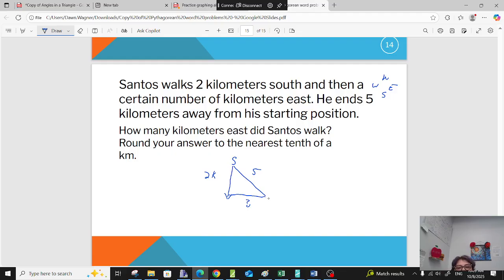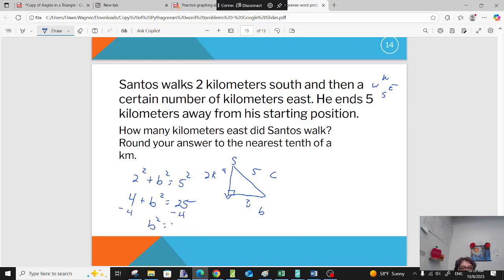So this does come in handy for physics. Because I'm walking south and then due east, this should make a right angle here. And so then you would just do the Pythagorean theorem. So it would be A, B, C. You would have 2 squared plus B squared equals 5 squared. What's 2 times 2? 4 plus B squared equals 25. You subtract 4 from each side.